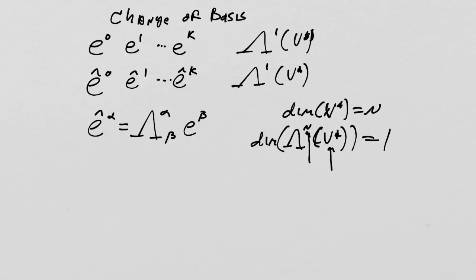So I can write down E hat 0 wedge E hat 1 wedge E hat, we have to go all the way to n minus 1, because the dimensionality is n and I started with 0.